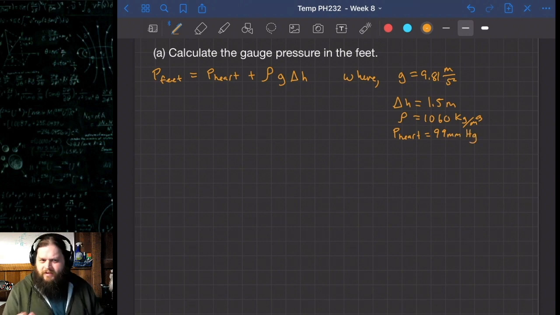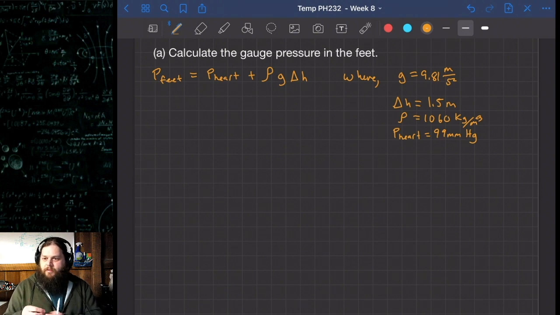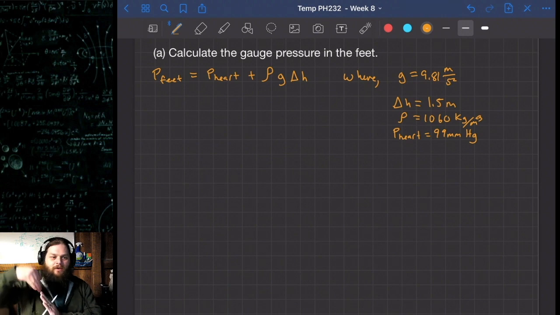And the reason why they used millimeters of mercury historically is they would put mercury in these tubes, and depending on the temperature, the mercury would expand or contract. But it would always be exerting 1 atmosphere up to counteract the atmosphere down. So the atmosphere down would always be pushing down on it the same amount.